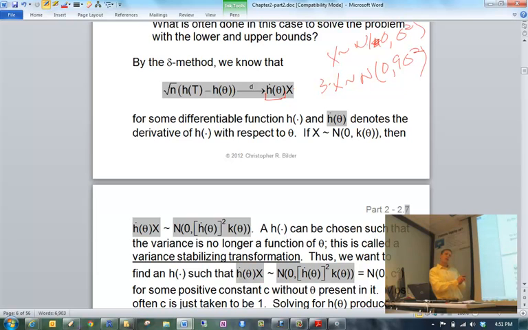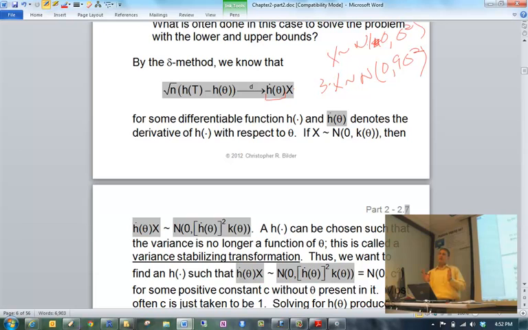The reason why this is important is that, notice I haven't said what this function h is. How about we actually choose a particular function h such that the theta that we had over here ends up being canceled out by a theta that ends up being here. So that in the end I have a variance that's no longer a function of theta, it's constant.